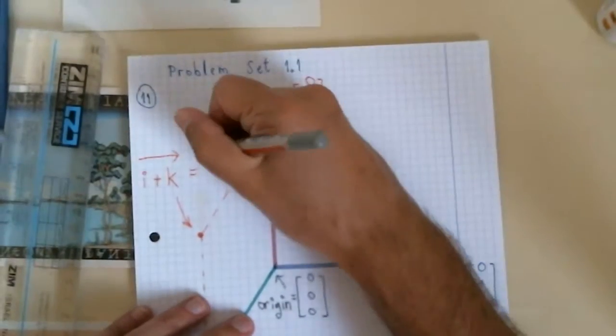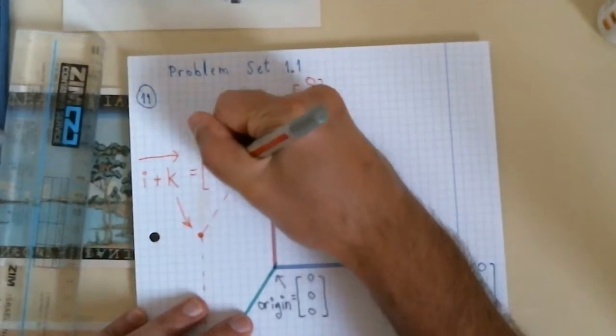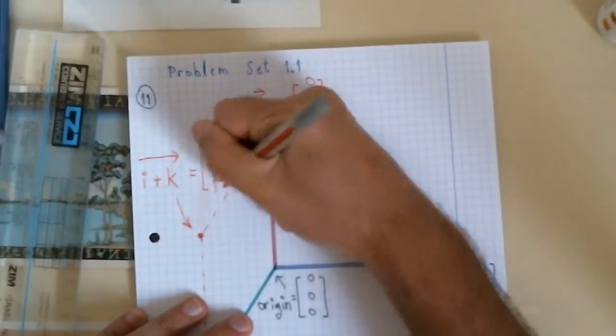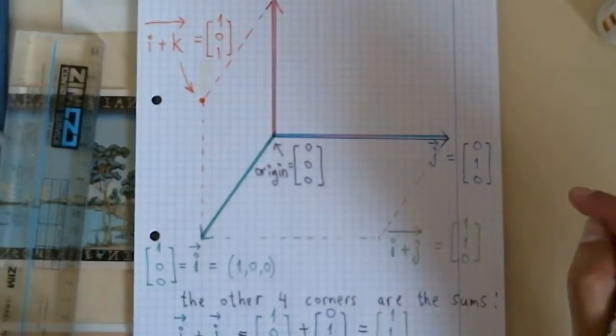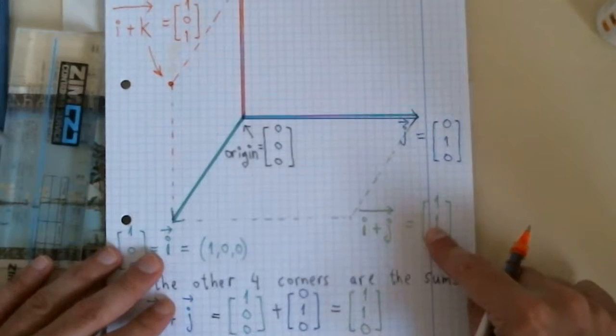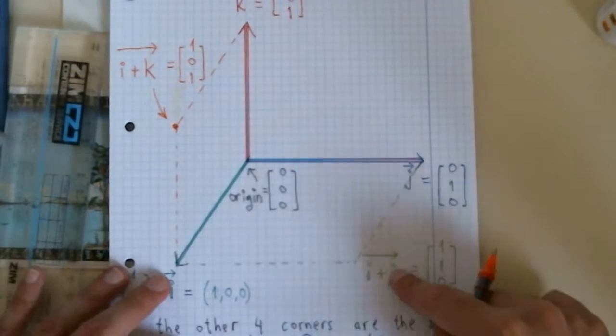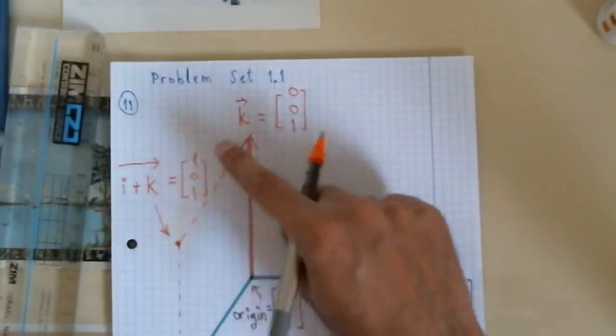Okay, this is I plus k, 1, 0, 1. So we found two corners by now. The light green corner I plus j, the orange corner I plus k.